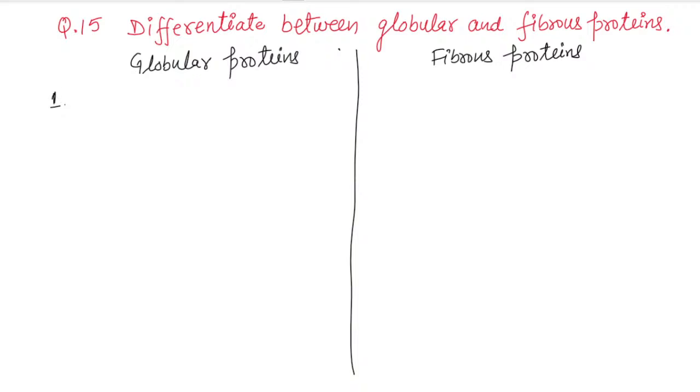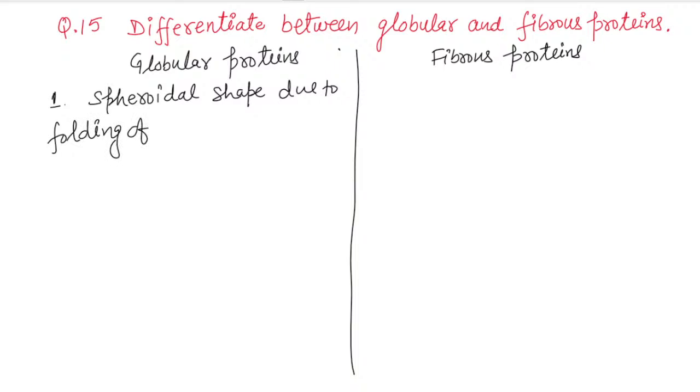In globular proteins, what is the shape? Globular proteins have a spheroidal shape due to folding of the polypeptide chain, in which the polar, hydrophilic group is outside and the lipophilic group is inside.